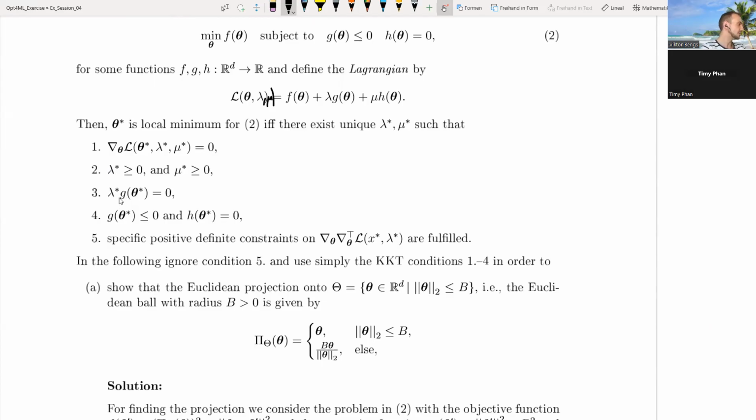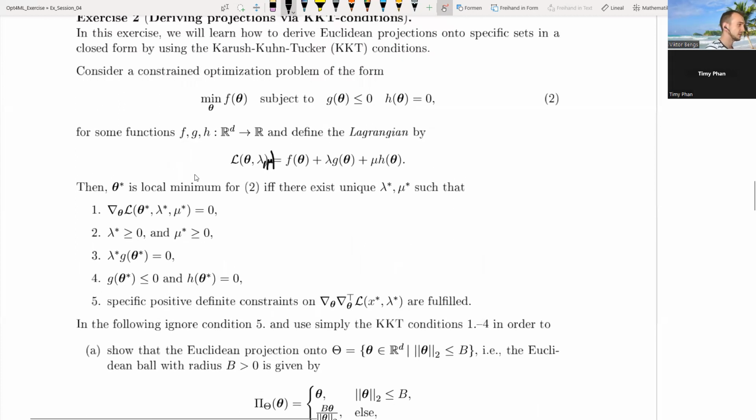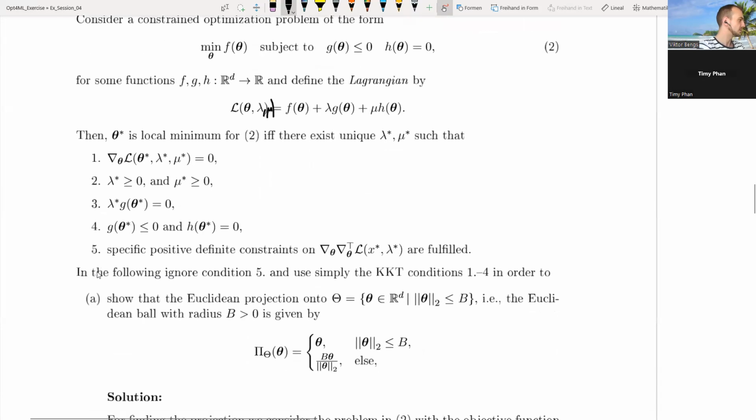The third one is that if we multiply the found lambda prime with the inequality constraint function evaluated at this local minimum candidate, it should be exactly 0. The fourth one makes sure that the constraints are really fulfilled for this local minimum, so that both constraints of our problem are satisfied.